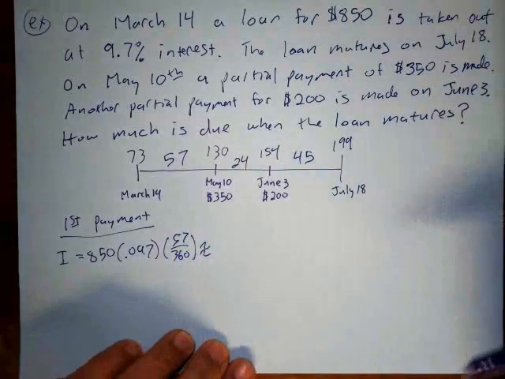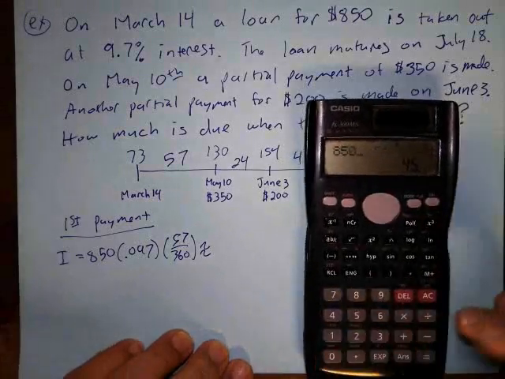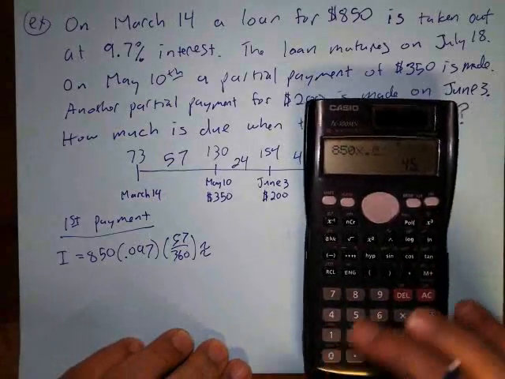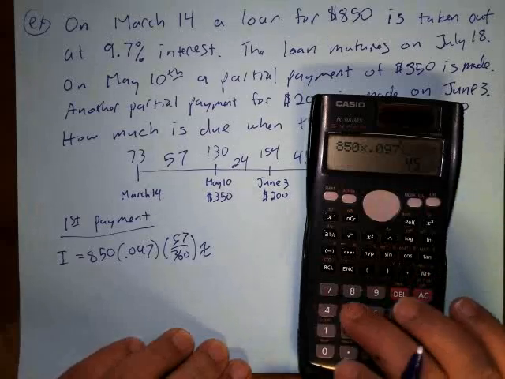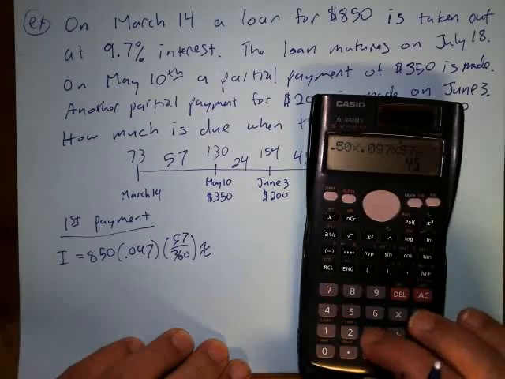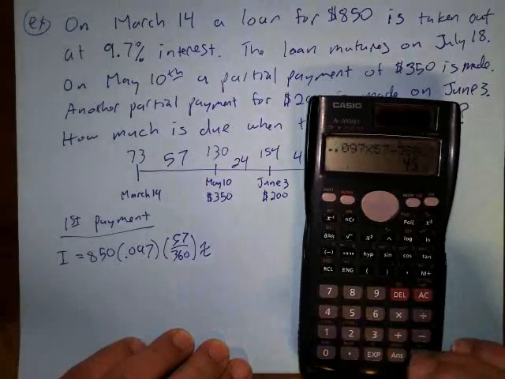That'll give me the interest. So 850 times 0.097 times 57 divided by 360.